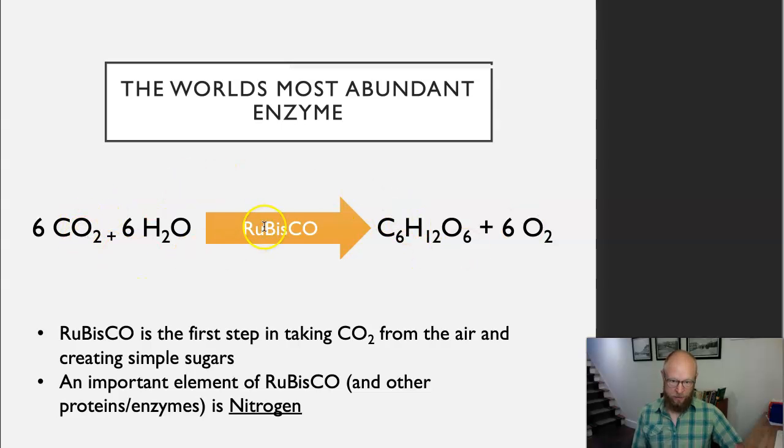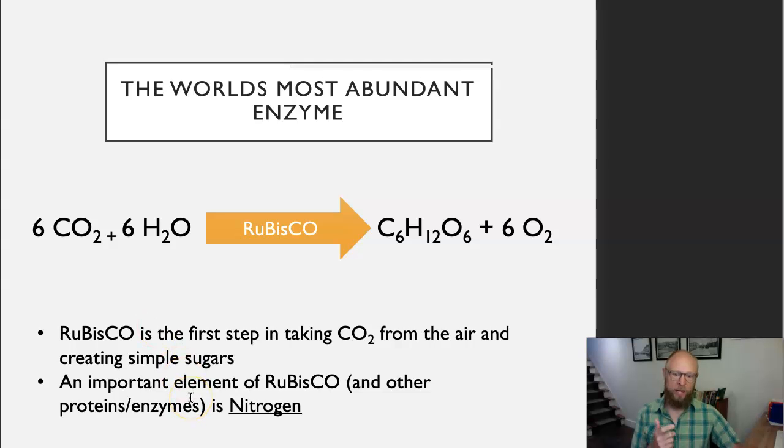And again, this whole reaction isn't performed by rubisco, but rubisco performs that first and primary step where it's fixing that CO2. It's the most abundant protein on Earth, or enzyme on Earth. Enzymes are a special type of protein.